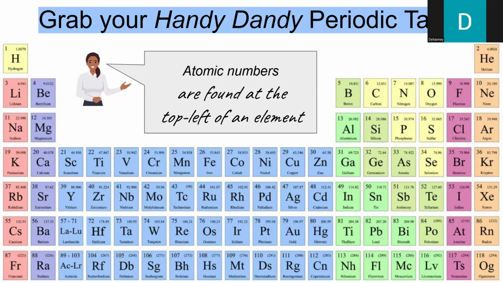This one has decimals, and it would be good if it didn't, but that's fine. You're going to need those atomic numbers to tell you what each element represents as we go along. They are found in the top left corner of each element. Everyone in the class at this point should have their own periodic table printed out and in their hands.